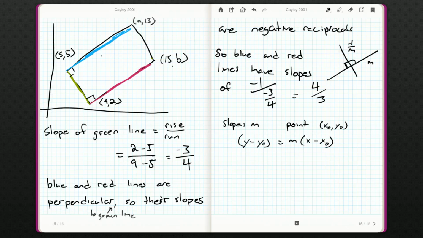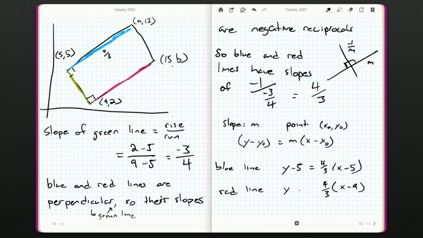So we know the blue line has a slope of 4/3, and it's got a point on it. So y minus 5 equals 4/3 times x minus 5. And the red line, well, it's got the same slope, but a different point. So y minus 2 equals 4/3 times x minus 9. So these are point-slope forms of the line.